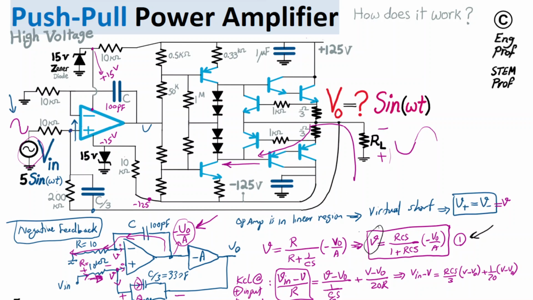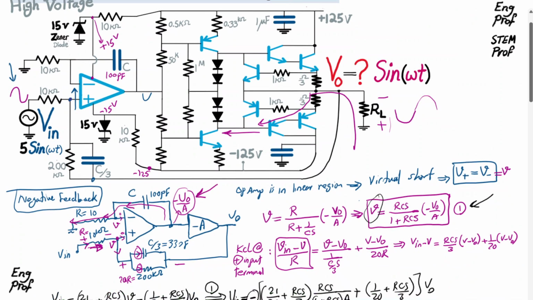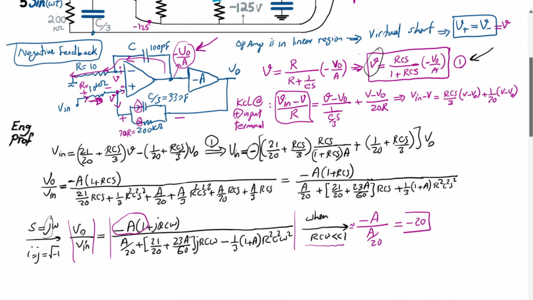So basically, in a sinusoidal steady state analysis, the gain of this circuit, assuming the frequency is right, is just defined by 200k divided by 10k and a negative sign. That's what this analysis is showing, a gain of negative 20 in this system.